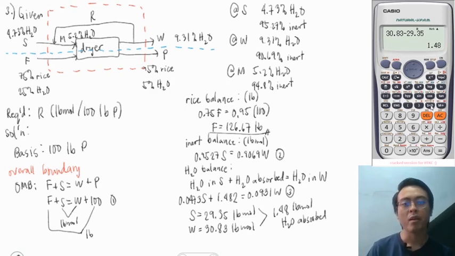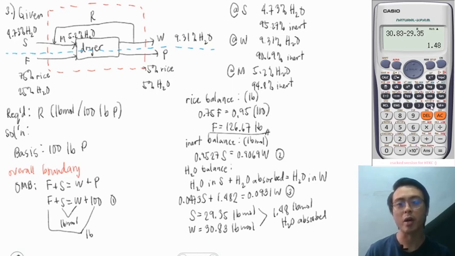Okay? So now that we have the values of S and W, we can go back to determining the value of R. Remember, the required here is the value of R. Ask yourself, what balance or what boundary can we take so that we can get the value of R? You have several options. You can perform the balance on the dryer itself, so you set the boundary on the dryer.